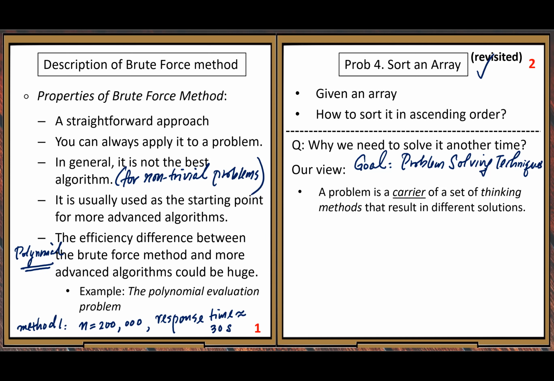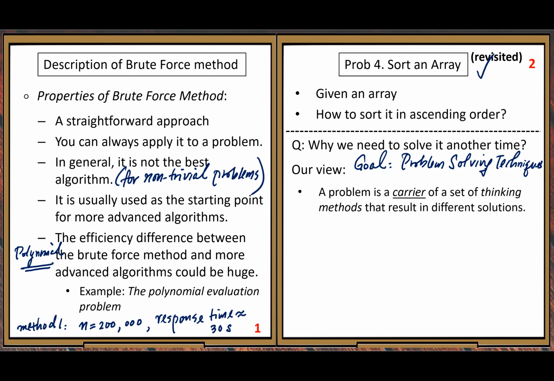But those algorithms are mainly a thinking way. It is not a concrete object, so you cannot grab it. It's a thinking way in your brain.